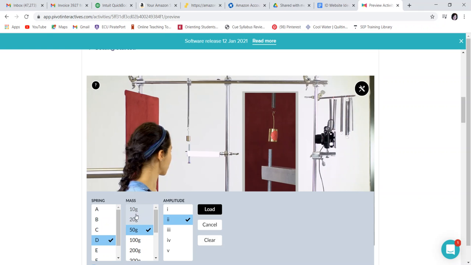You're going to choose a mass and an amplitude so that you always pull it down to the same place and you always have the same mass on it at all times. Then you're going to pick a spring to use and press load.